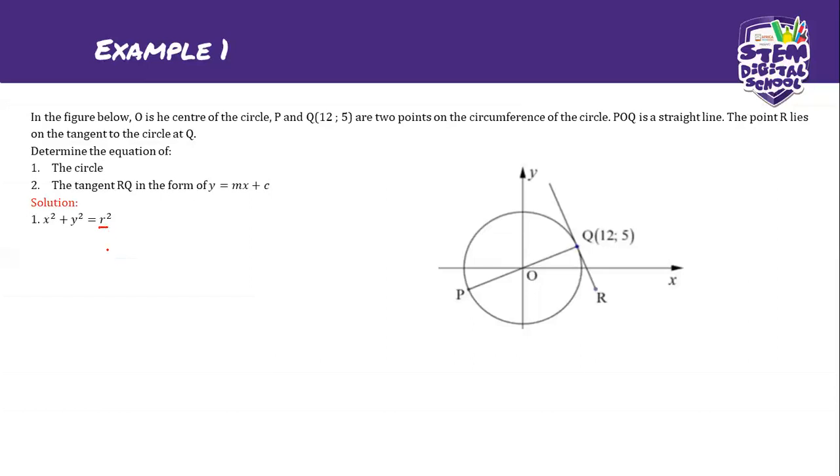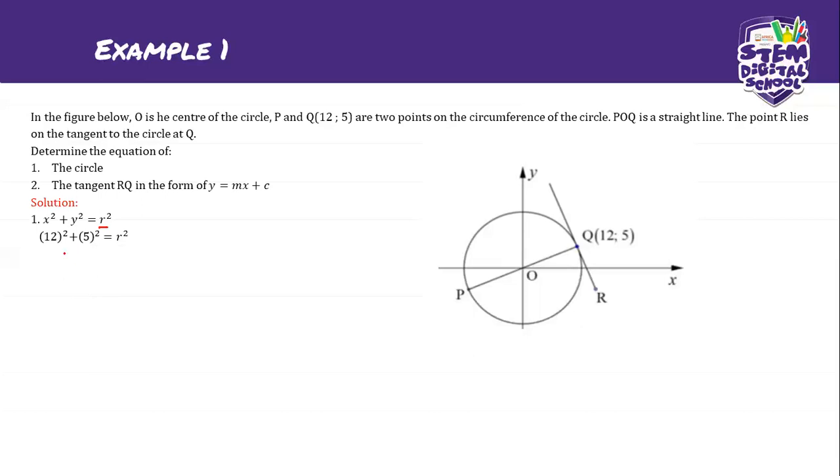Now, where do we get the value for x and where do we get the value for y? You are going to take any point that you see on the circumference of the circle. In this case, we can see that we only have one point given, which is Q (12;5). So we use 12 for x and 5 for y so that we can calculate r squared.